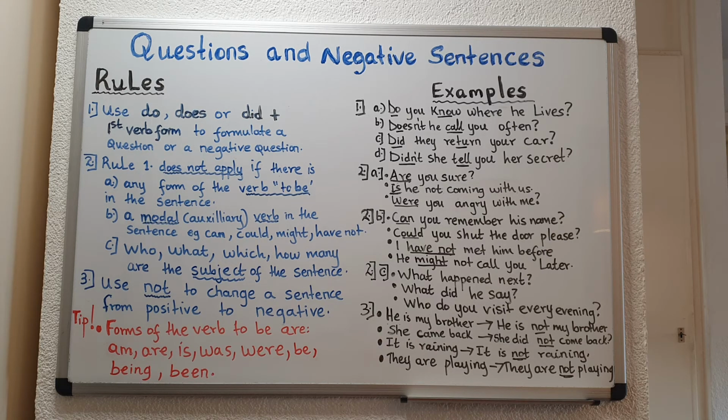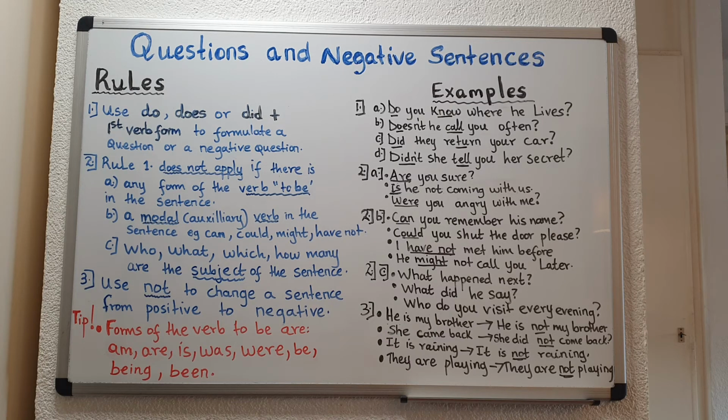That is a positive sentence. If, for example, you're doing a test and you have been asked to change sentences into negative sentences, then all you have to do is add the word not. Just after the verb, add the word not.